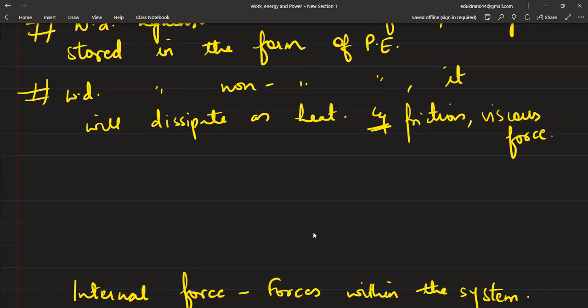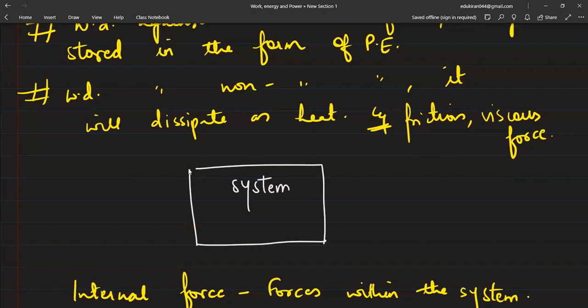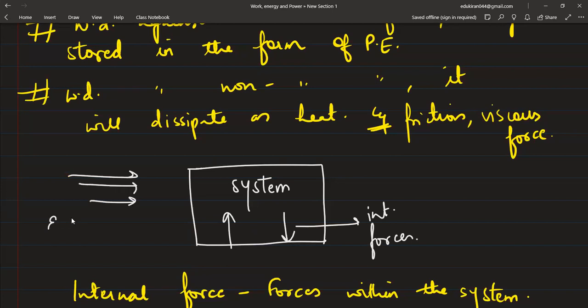Now, the concept of internal and external forces. See, suppose this is your system. Any force acting within the system, we say these forces are the internal forces. And if any force comes from outside the system, whatever its magnitude, we say these are external forces.